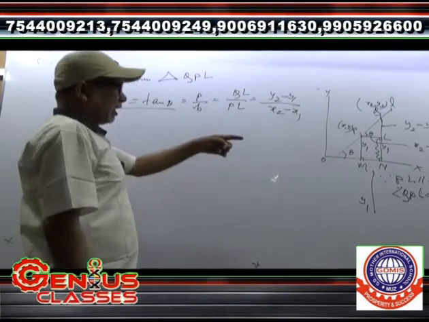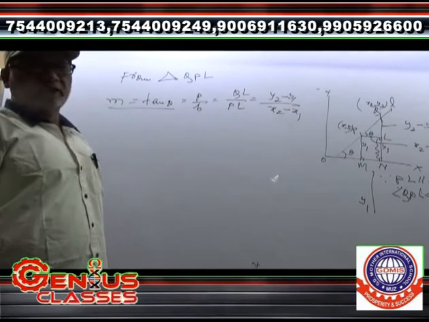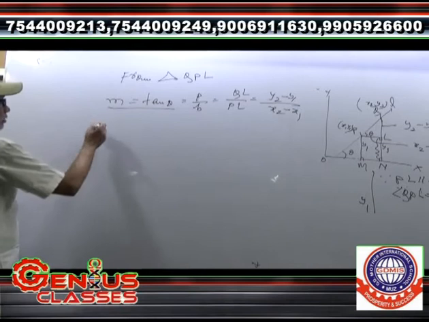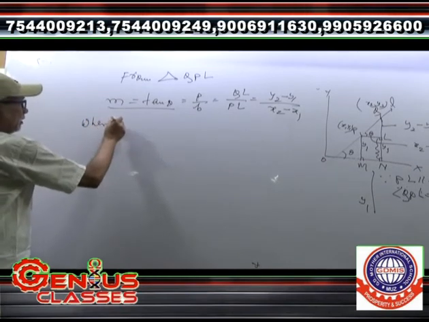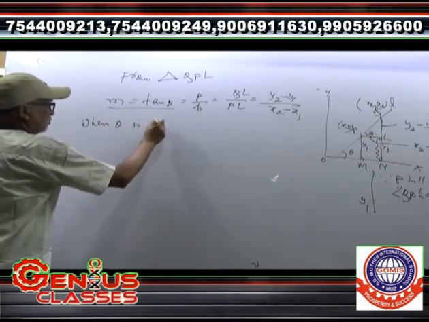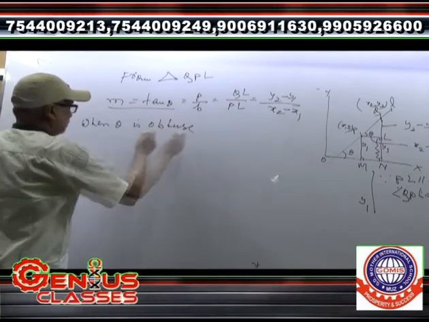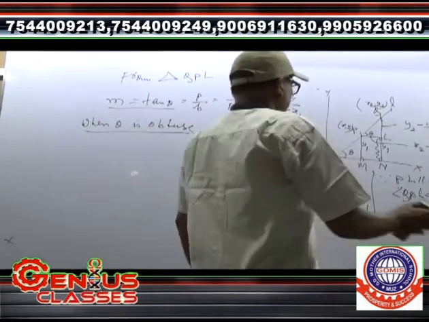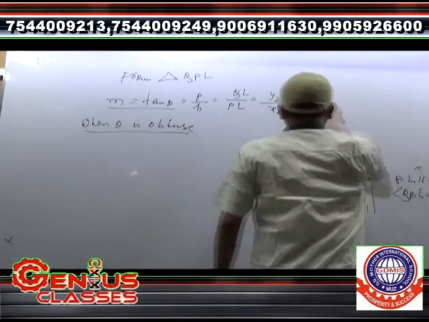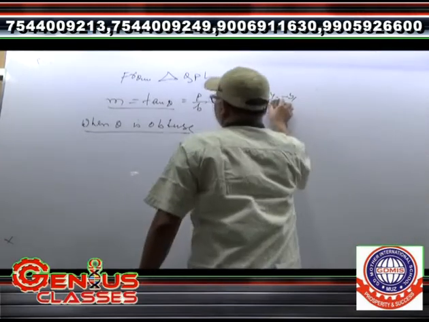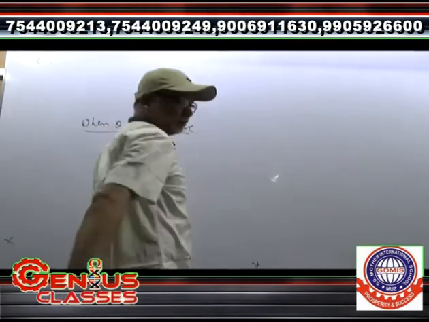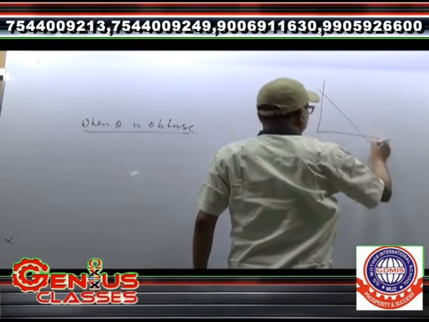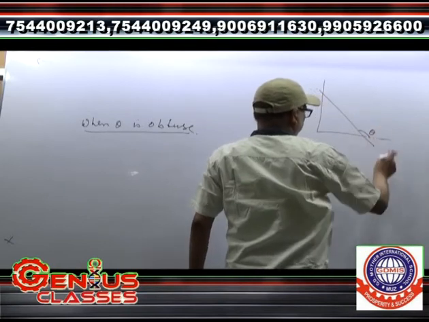Now here theta is an acute angle. ये थीटा हुआ एक्यूट एंगल. And when theta is obtuse, theta is obtuse angle.